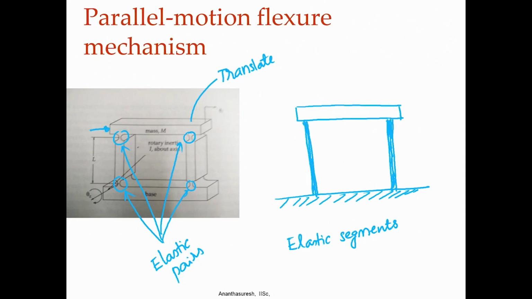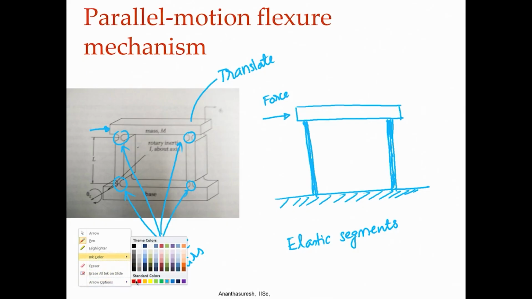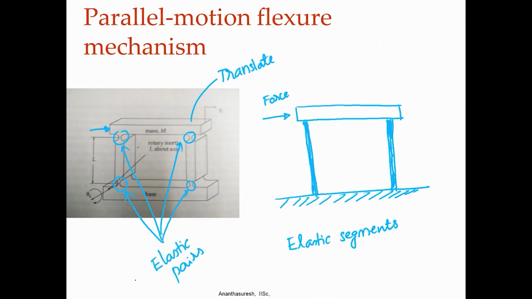When you have such a thing, when we apply a force here, this is going to deform. Let us try to plot that. How does it deform? I said that it is going to only translate, there is no rotation. Let us assume that this has come down, it is kind of an exaggeration. It has come down and moved.